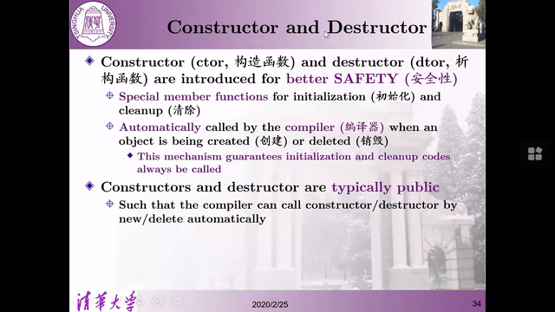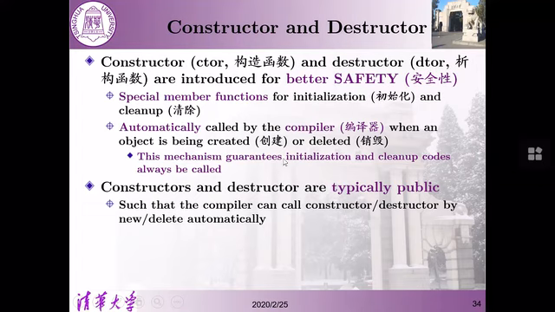And then constructor and destructor are introduced for better safety, right? They are special member functions for initialization and cleanup. The important thing is that constructor and destructor are called automatically. You don't need to worry about it when an object is being created or deleted.